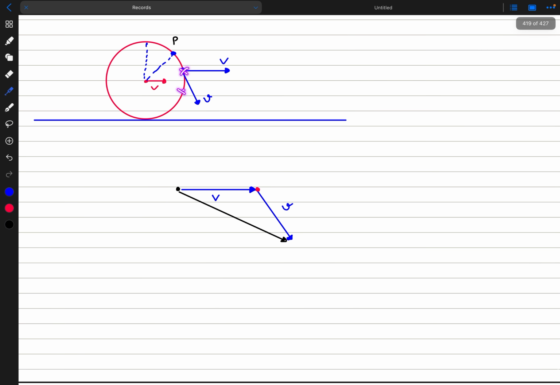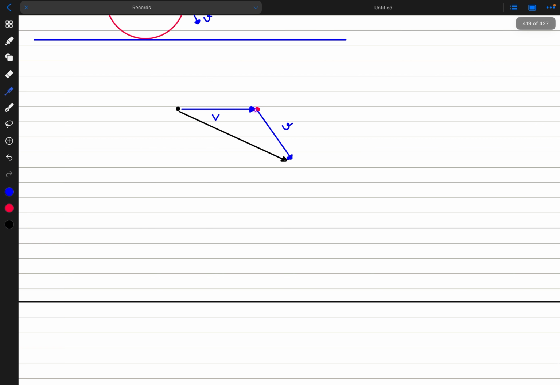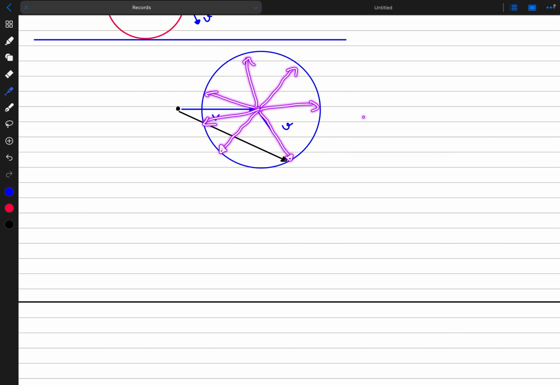If you think about it, as the particle moves along and covers a complete 360 degrees, this vector takes different positions, right? Which means this vector v rotates in a circle. So let's try to draw that circle. Something like this. Okay, so this vector v is over here right now, and after some time it will be over here, and so on and so forth.